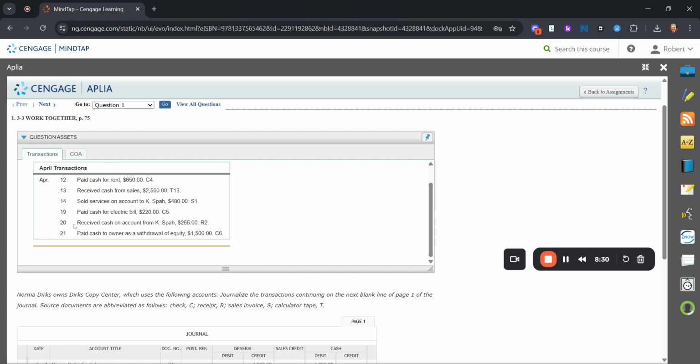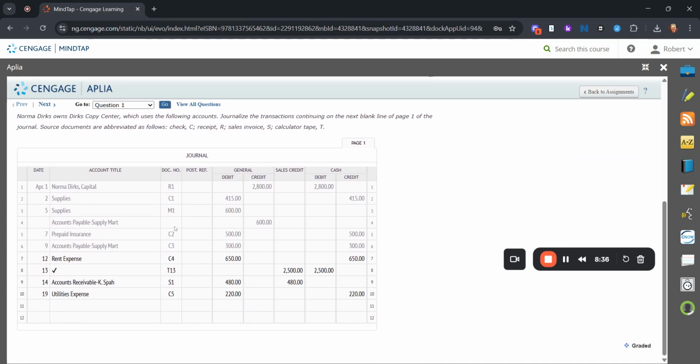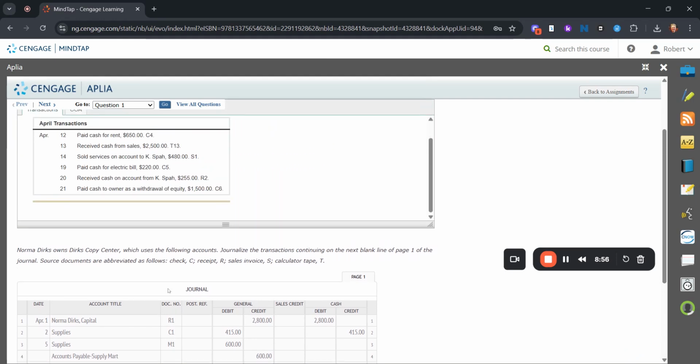So now we have on the 20th, received cash on account from K Spa for $255. So received cash, so that's accounts receivable. Receipt 2, R2.